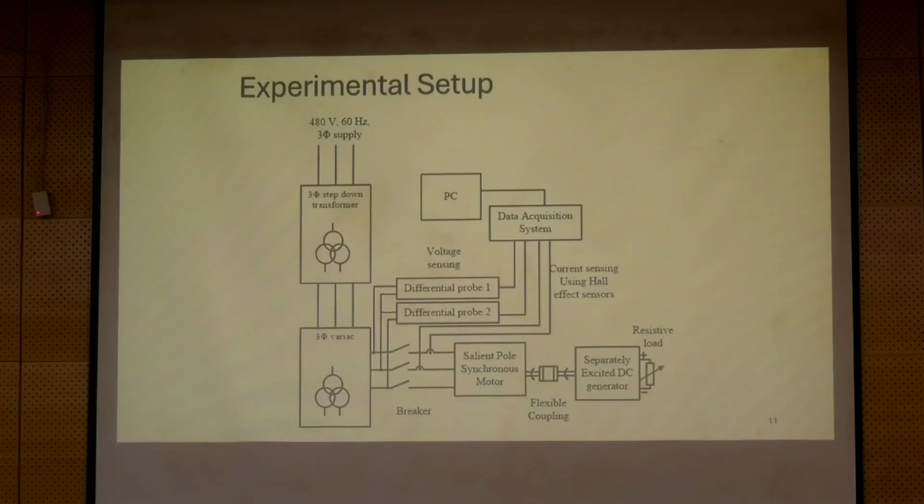So you need a data acquisition system, and that data acquisition system should be capable of sampling the signals of interest at a rate which is fast enough to capture the highest frequency component of your interest in the signal. Okay? So this is very important to keep in mind. Even though the line frequency is only 50 or 60 hertz, you know that harmonics might be there, and if you want to capture the fifth harmonic, 300 hertz is the frequency for a 60 hertz system, or 250 hertz if it's a 50 hertz system.